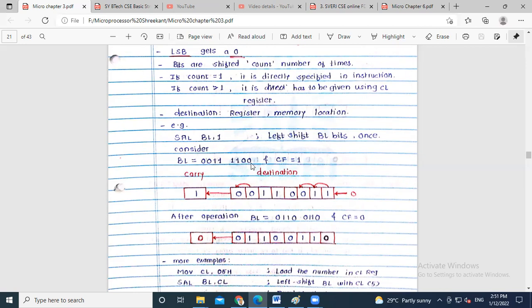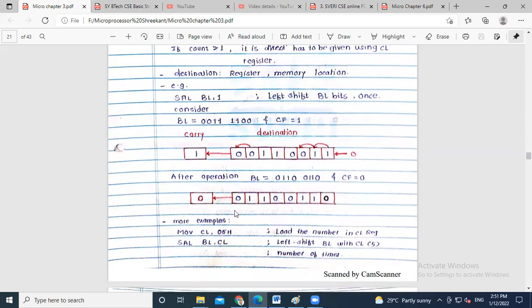So here is one example. Consider BL equal to 0011 1100, and the carry flag is 0. So how is it going to be shifted? It is going to be shifted here. This 0 comes to this position, and this 0 comes to the first position. 1, second, third, fourth, fifth.